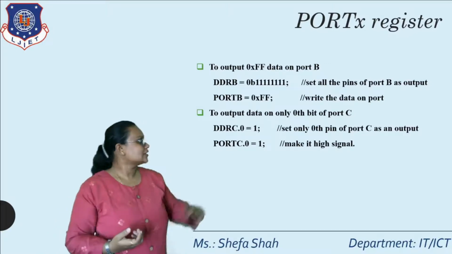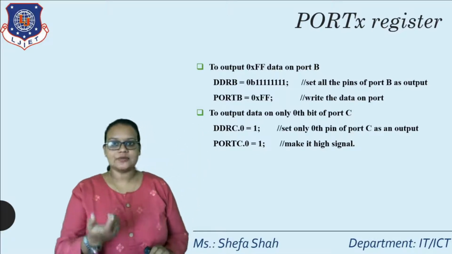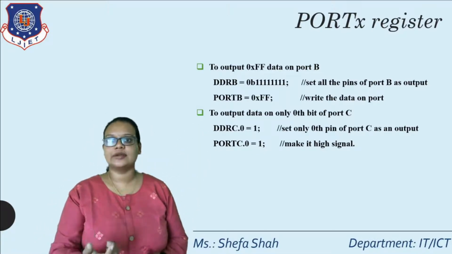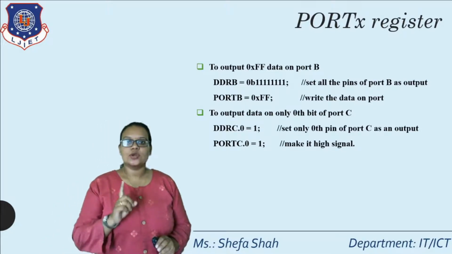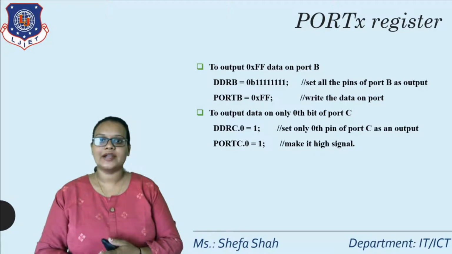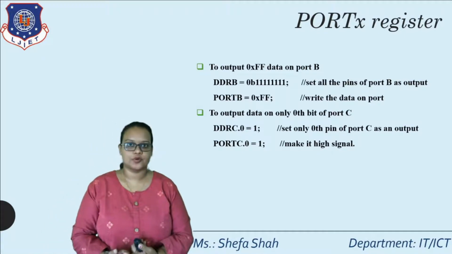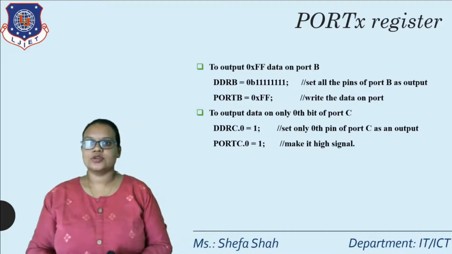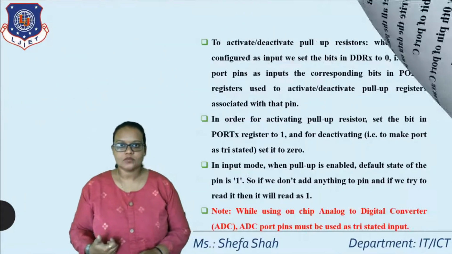So we will use DDRC.0. That means only the 0th bit of that DDRC register will be assigned to 1. So only the PC0 bit will be an output port, and the rest of the pins will be input ports, right? So DDRC.0 is equal to 1. Clear? So this is the port thing.